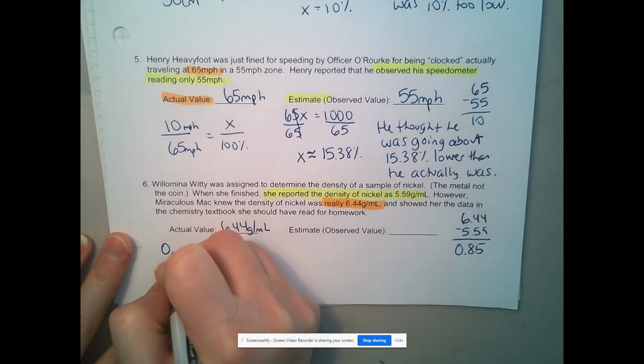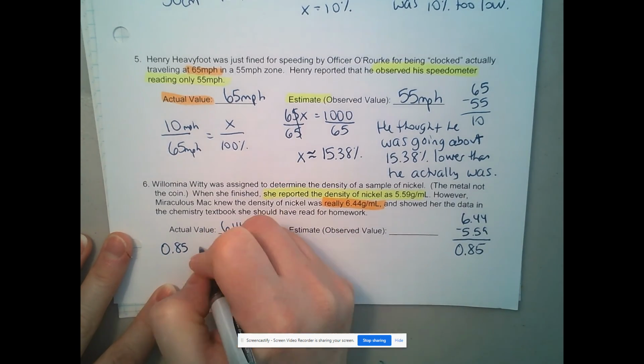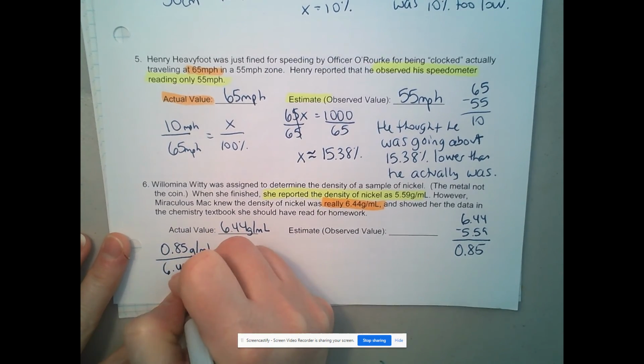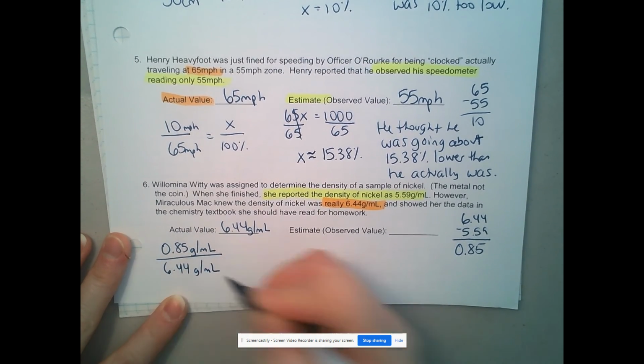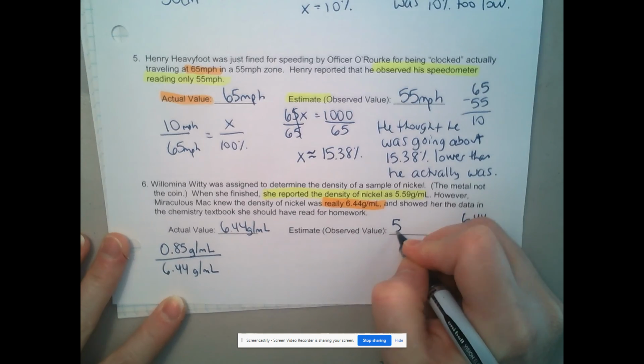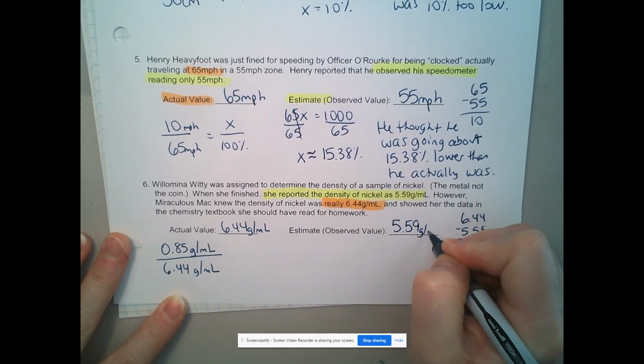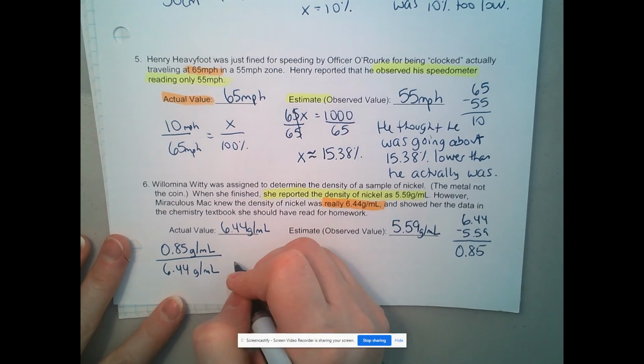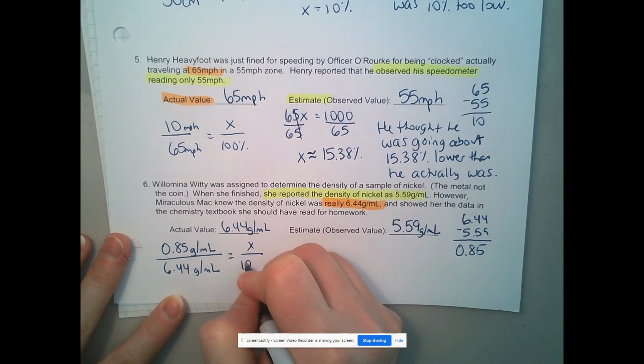So 0.85 grams per milliliter over the actual 6.44 grams per milliliter. I forgot to write down, she thought it was 5.59 grams per milliliter, but that's what I used in my subtraction problem over here to find the difference, equals x over 100%.